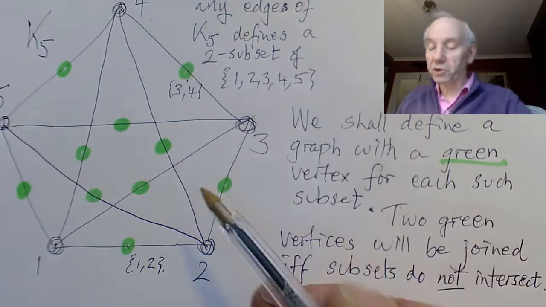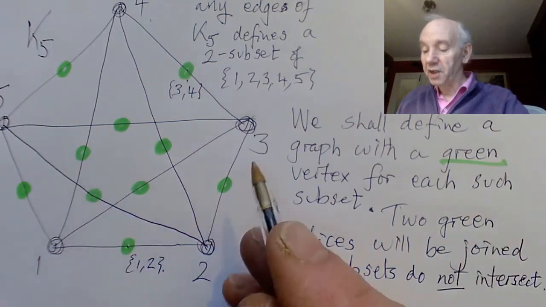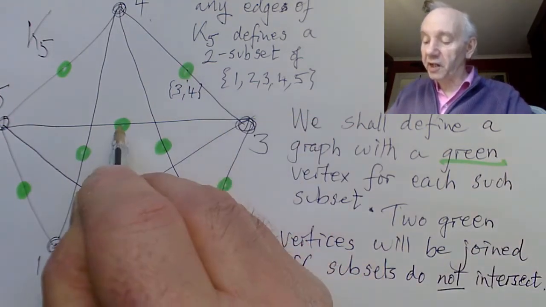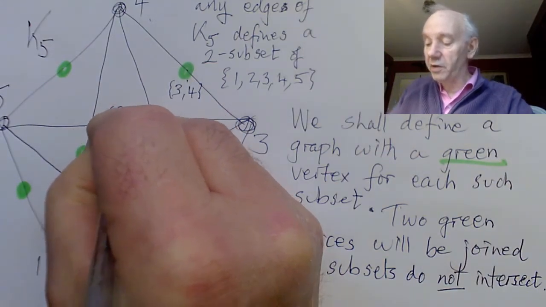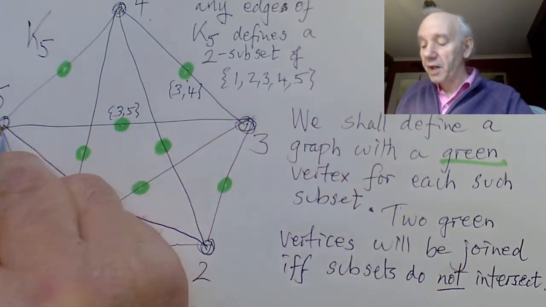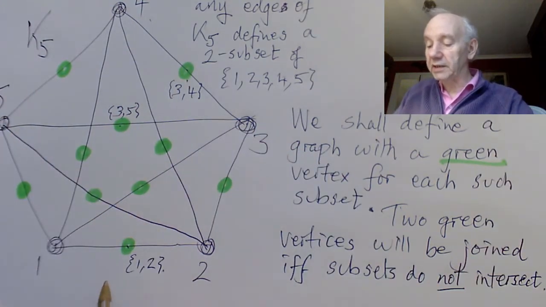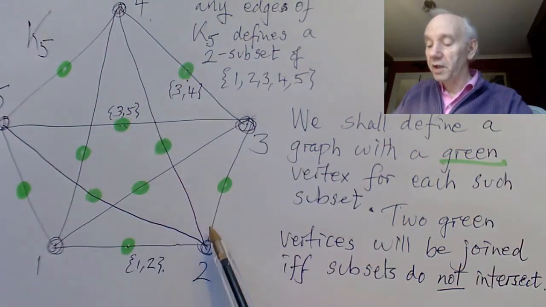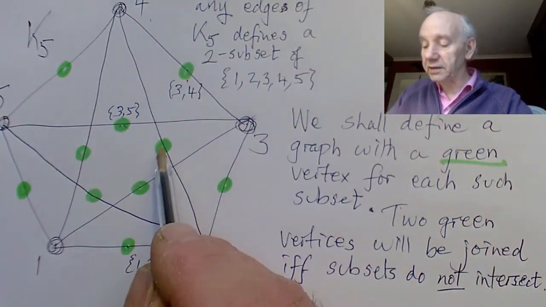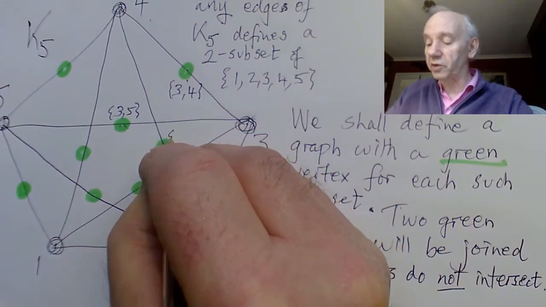Okay, I probably should have started on the inside first. So this green vertex here corresponds to the subset 3, 5, or the edge 3, 5 of K5. And it doesn't intersect this edge here. This vertex here corresponds to 2, 4.